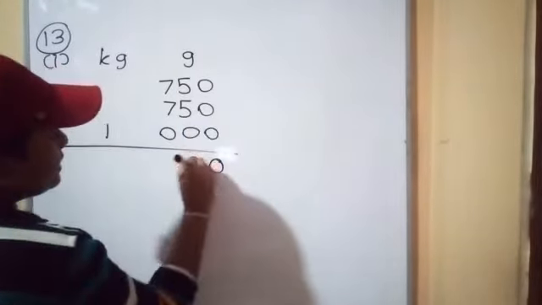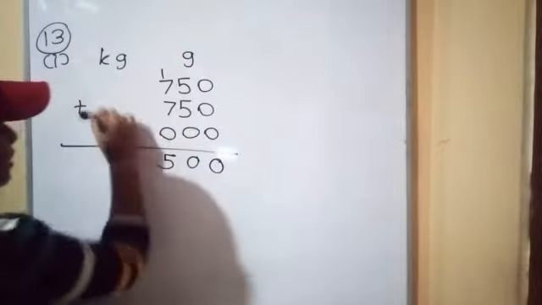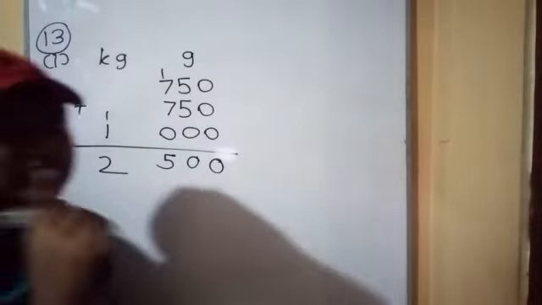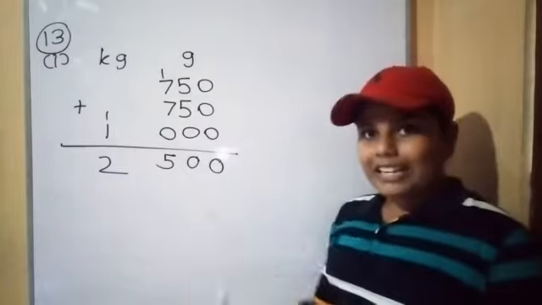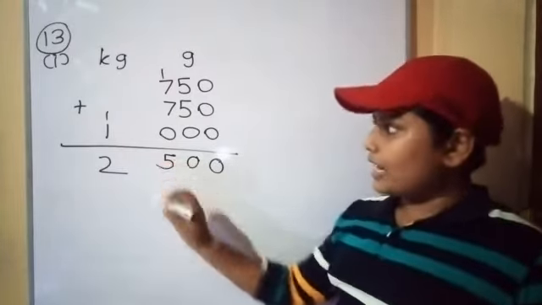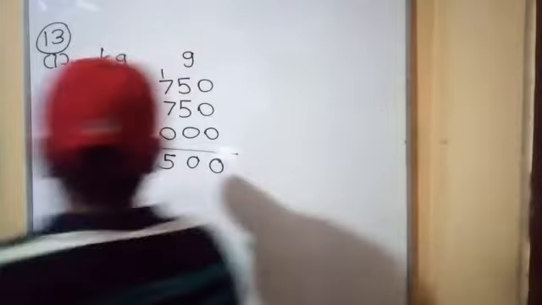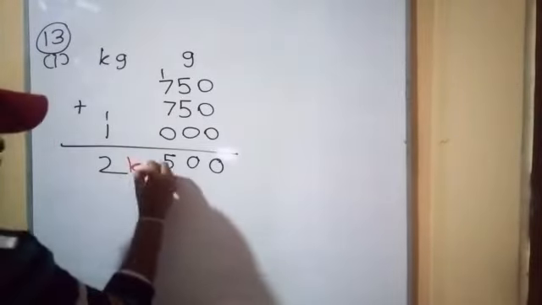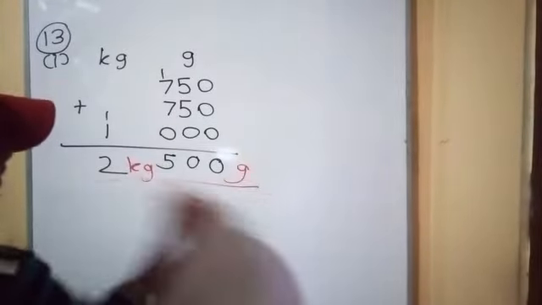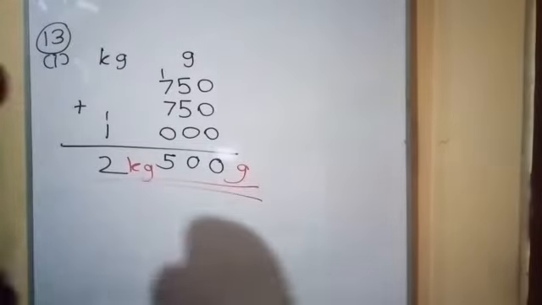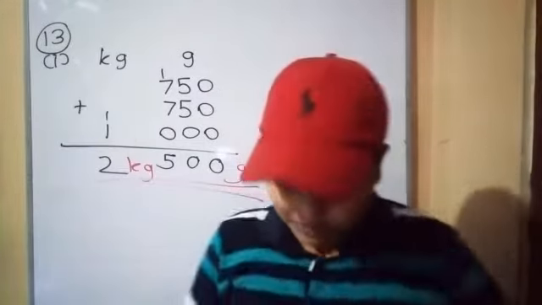Now 5 plus 5 is 10, write 0 and carry 1. 7 plus 7 is 14, 14 plus 1 is 15. Now 15 we can't keep, so carry 1. Now 2 kilograms 500 grams is the answer for the first one.